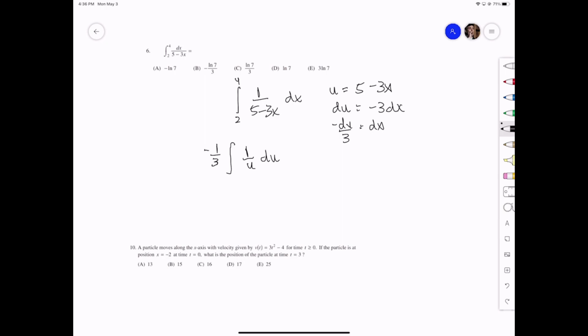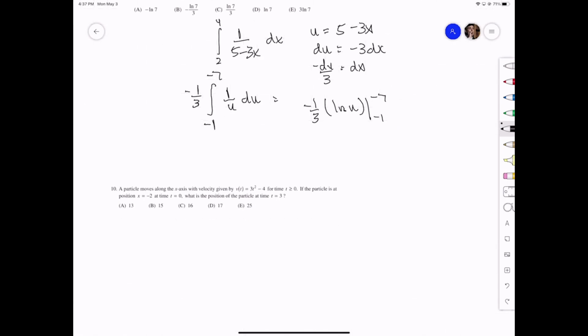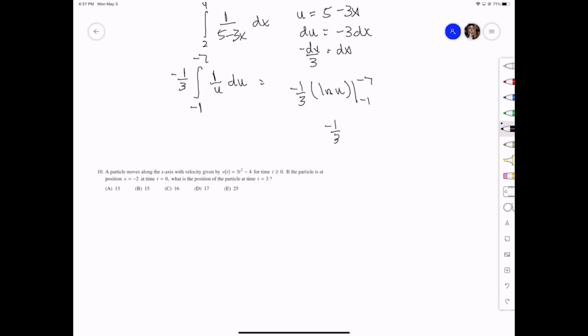So 5 minus 3 times 2 is negative 1, and 5 minus 3 times 4 is negative 7. So this is equal to negative 1/3 times ln of u from negative 1 to negative 7. So negative 1/3 times ln negative 7 minus ln negative 1.